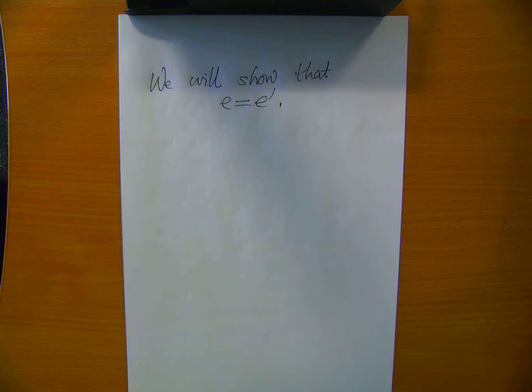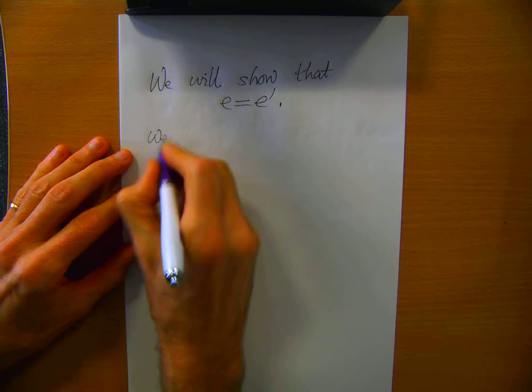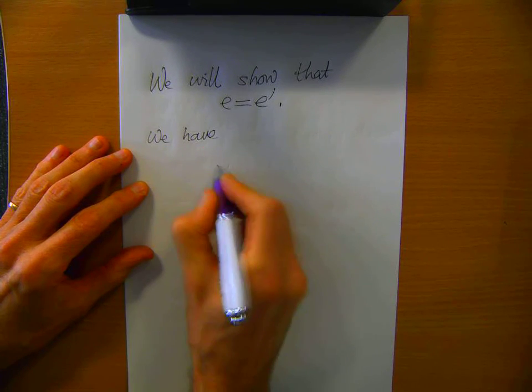So we're going to show that E equals E prime. And I'm going to be more careful here about writing down the reason why each line follows from the previous one. I've always said the reason, and I've always encouraged you to write down the reasons, but I will actually write them down myself here. Well, I'm going to start with E and end with E prime.